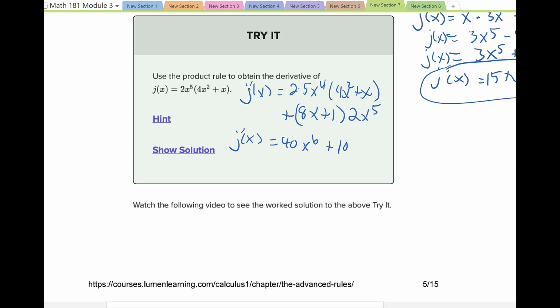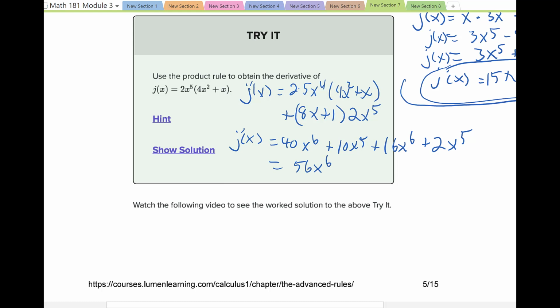Plus 10x to the fifth. That's 2 times 5 times x to the fourth times x. Then plus 8x times 2x to the fifth, that's going to be 16x to the sixth. And then I have 1 times 2x to the fifth, plus 2x to the fifth. So I'm coming up with 40 plus 16 is 56x to the sixth.